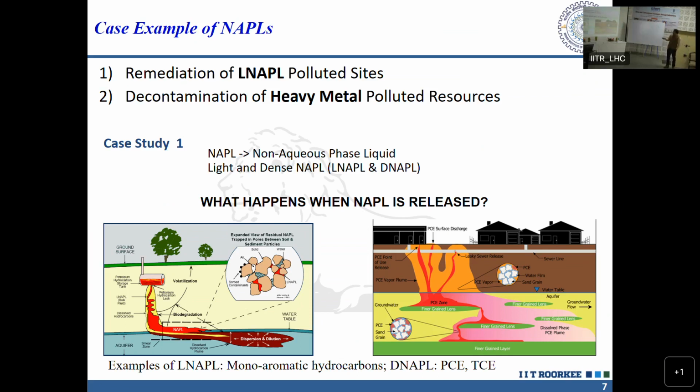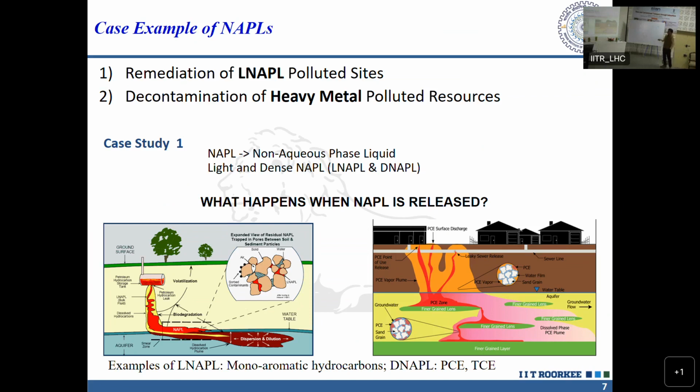Now, if you look at this slide, there are two pictures. One is on the left-hand side, for LNAPL. You can see this is a gasoline station. You go to any petrol pump, you go to Roorkee, you will see many of these gasoline stations. All these stations have storage tanks, which are not visible at the surface, but all these pumps have them for containing these hydrocarbon oils.